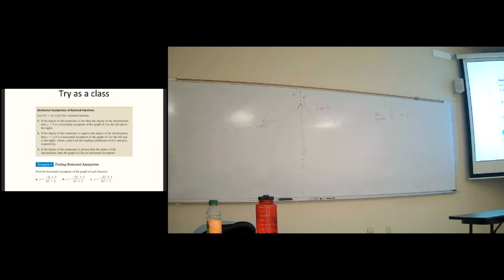And then finally, this last case, your numerator has a higher degree than your denominator, so there is no horizontal asymptote. Why is that? Well, it's because your denominator is growing less quickly than your numerator is. So your numerator can go to infinity far quicker than your denominator can.